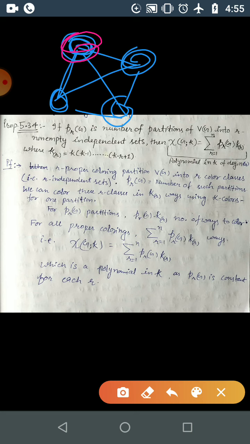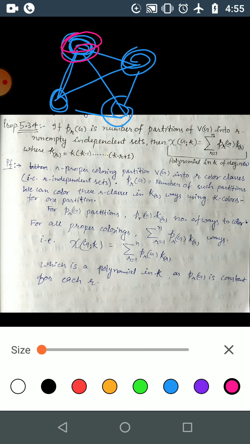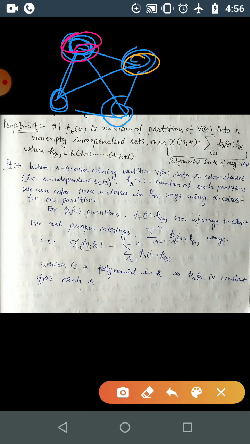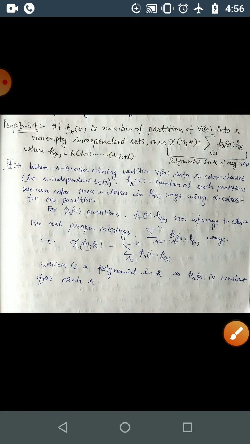In the second class, they can be colored with the second color, correct? So all the vertices are colored by this color, and in another class by another color. That's why I am corresponding this with K_n, the complete graph. Anyway, this is done.